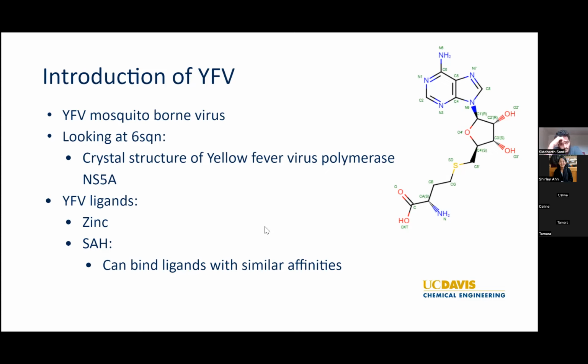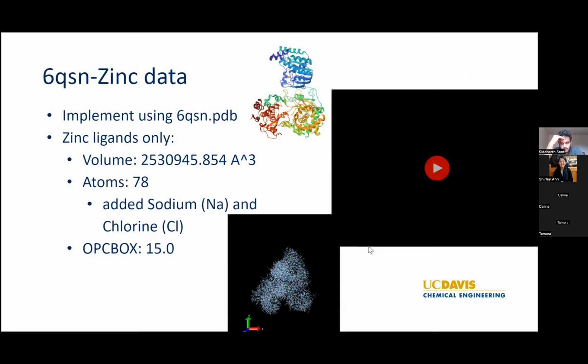But I do have a result for zinc, and I know zinc could help bind the sites to conserve NS5 proteins from the yellow fever virus. I was able to implement it with the PDB, and when I was finding the parameters, I was able to find the volume, which is shown there in Angstroms.